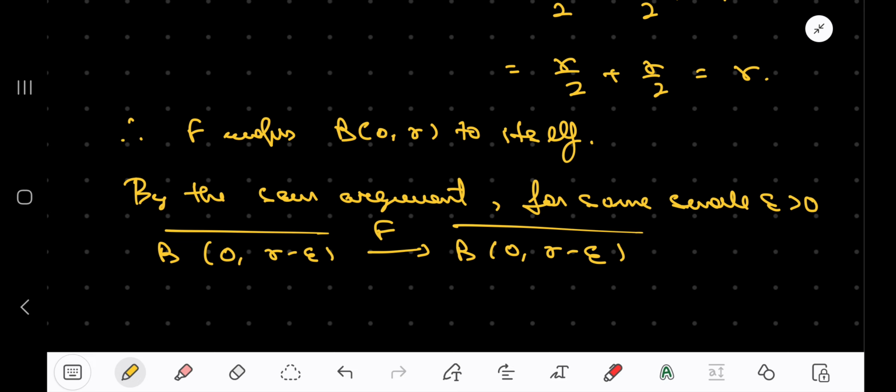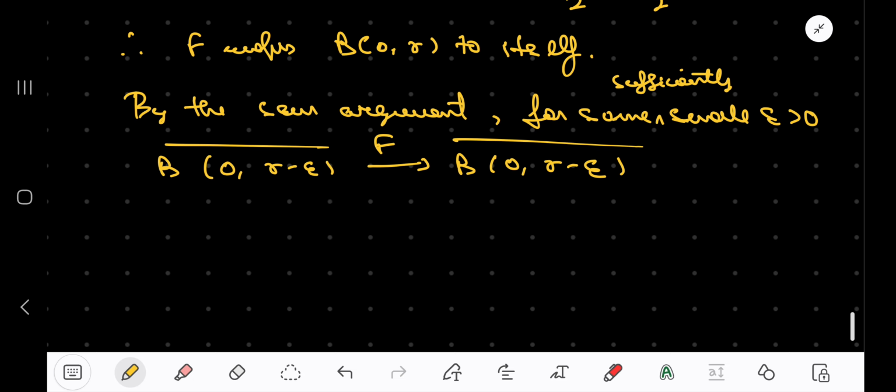So for some sufficiently small epsilon, you just mimic the same argument. Why did we take the closure? Because it is complete, right, because it is complete.